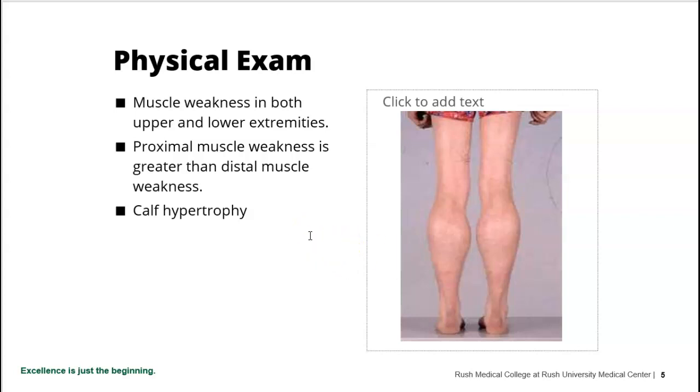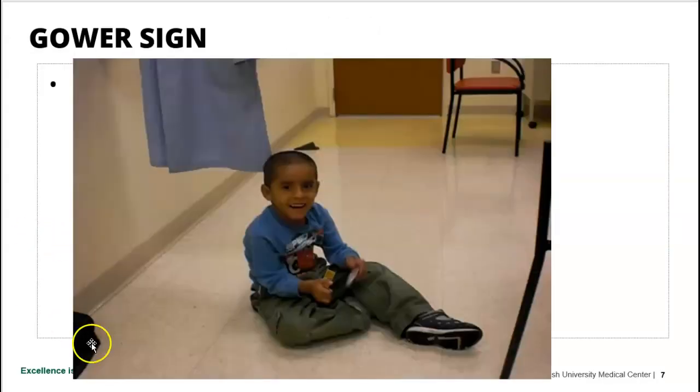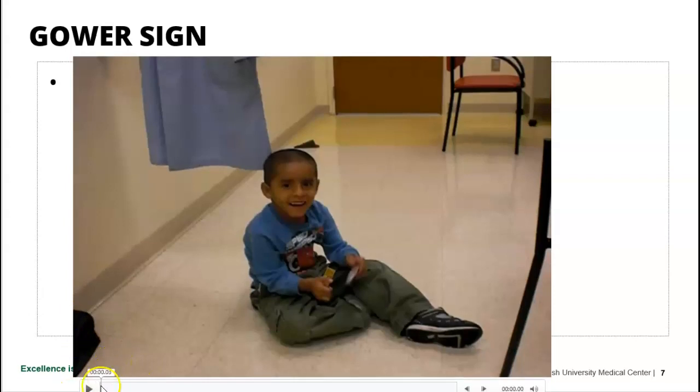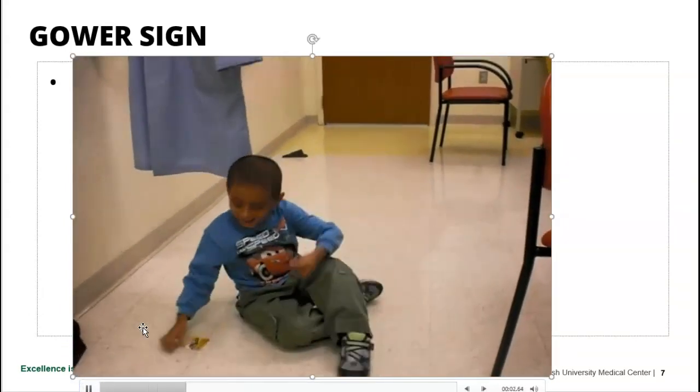And when we look at the muscle weakness, it's more proximal than distal. There's something called a Gower sign, which is just a sign of proximal muscle weakness. When a child is on the floor, he almost has to crawl up his legs to get to a standing position. Here is a video of a little boy who is diagnosed with Duchenne's.